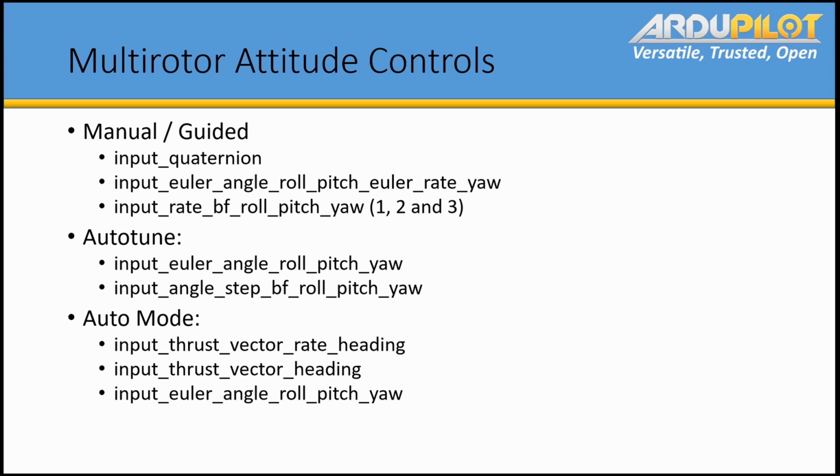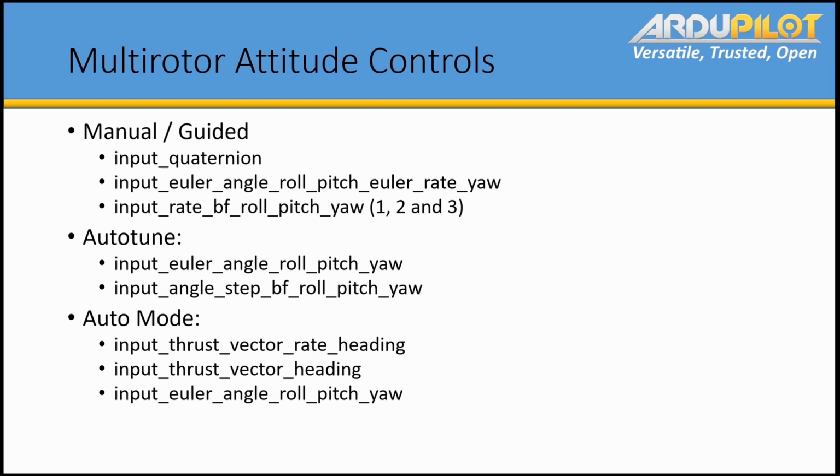We have the manual mode, Euler angle roll pitch with a Euler rate yaw command, which is our basic stabilize, and then we have the various acro modes with different forms of attitude control. Now, auto tune uses some very specific things because it's doing sudden step responses of the attitude controller, so we need auto tune to be able to talk directly to the attitude controller. But then on top of that, we have the auto modes.